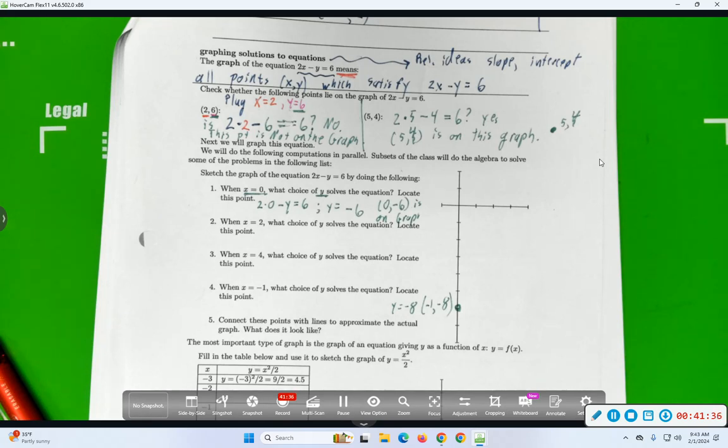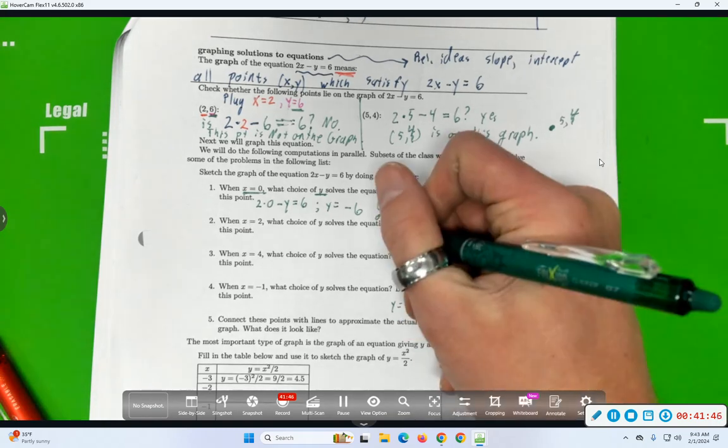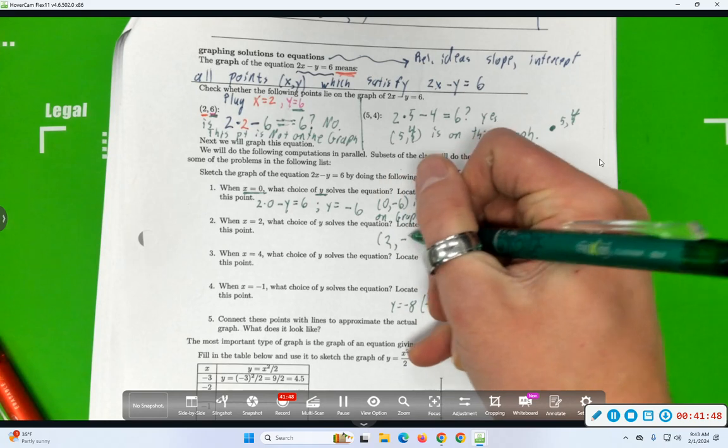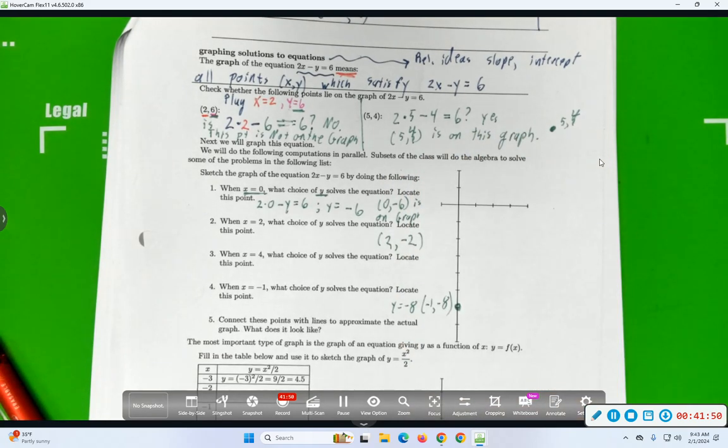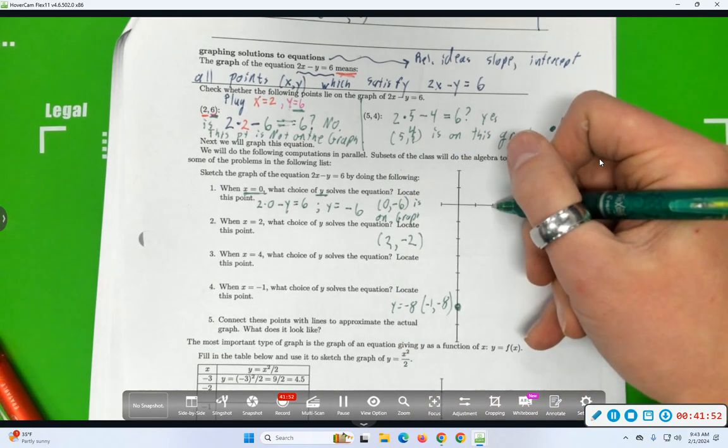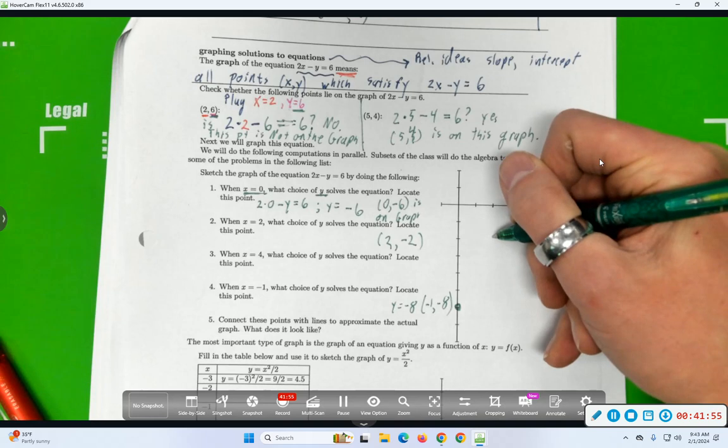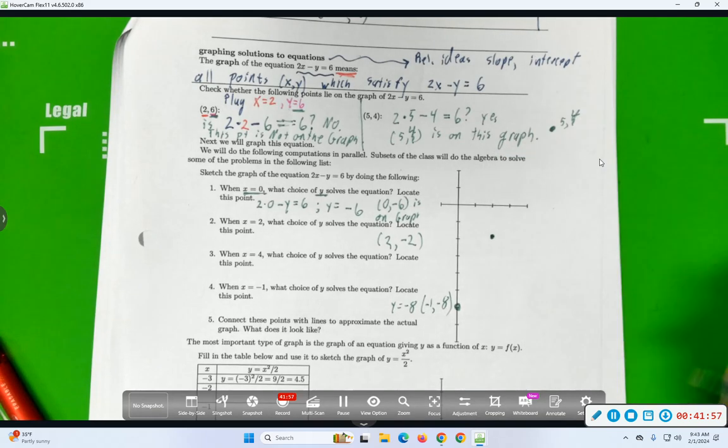All right, so I think I'm hearing confidence. When x equals 2, what y value do you get? Negative 2. So, negative 2 should be on the graph. Let's draw that point. x equals 2, y equals negative 2. x equals 4.